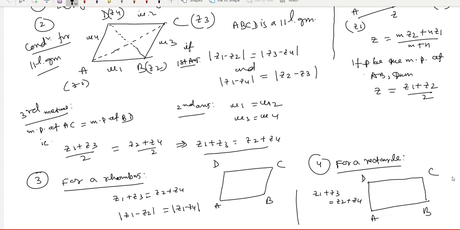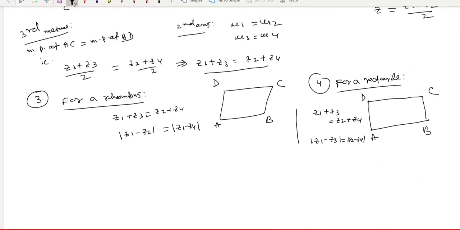What is mod AC? Mod Z1 minus Z3 equal to mod Z2 minus Z4. This is enough for a rectangle, and this is the additional condition that the lengths of diagonals are equal. Isn't it? This will happen for a rectangle. The lengths of diagonals are of equal length.